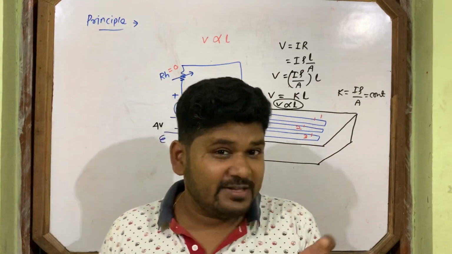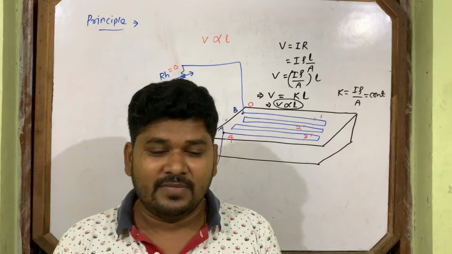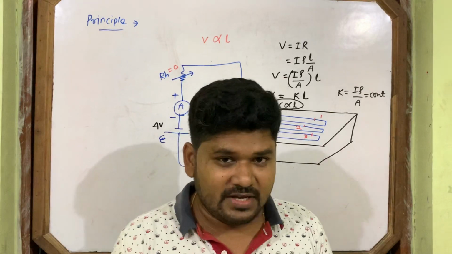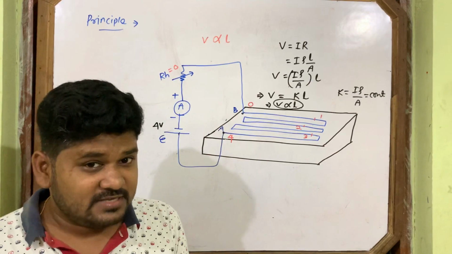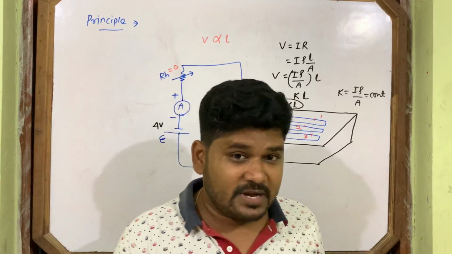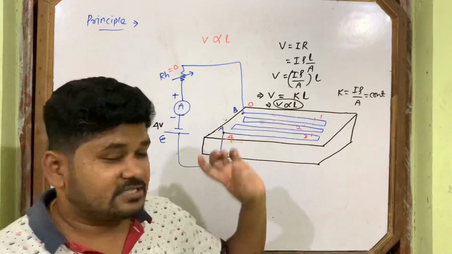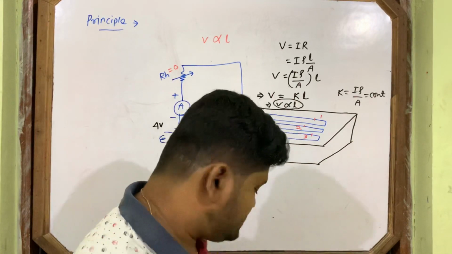If you do not write the condition, you will lose a half mark in the principle. What condition you have to write at last? Constant current should pass through the wire and area of cross section of the wire should be constant.